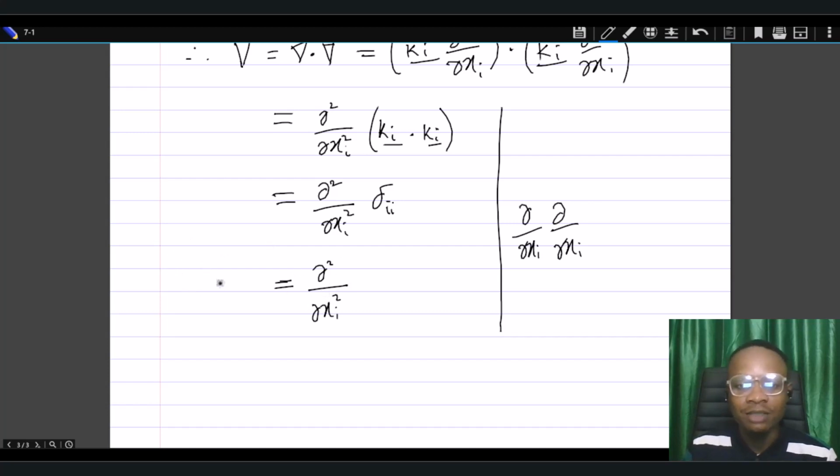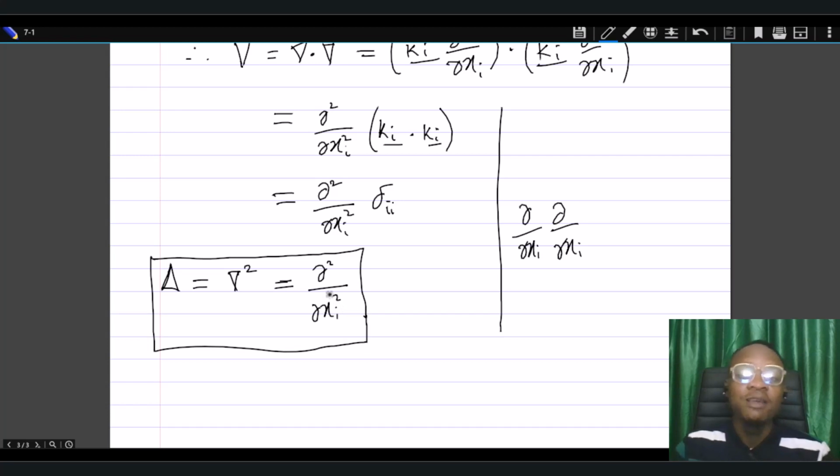And this representation is precisely what we use for the Laplacian. So our Laplacian, nabla squared, is simply del squared del xi squared. We know that in xi squared, i is appearing twice.